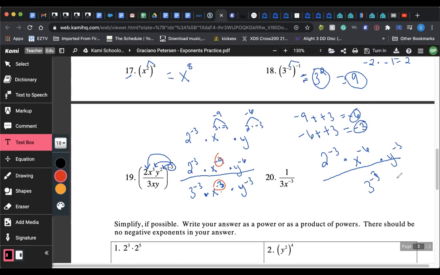Now we have to switch positions for all of these items because they all have negative exponents, right? Anything that's in the numerator, we're going to put into the denominator, and anything that's in the denominator, we're going to put into the numerator to make them all positive exponents. So we're just going to switch the positions of everything.